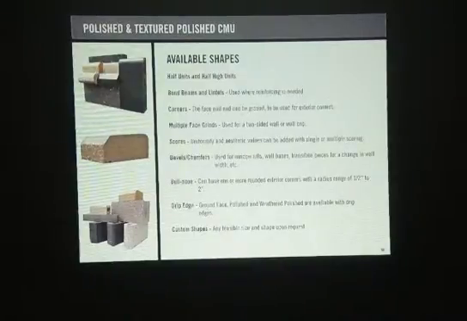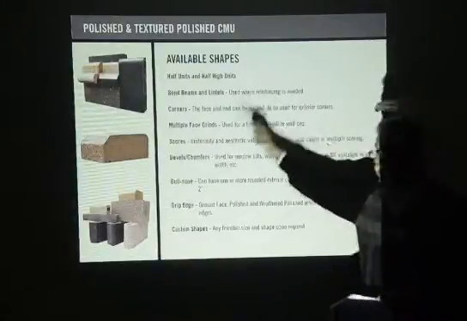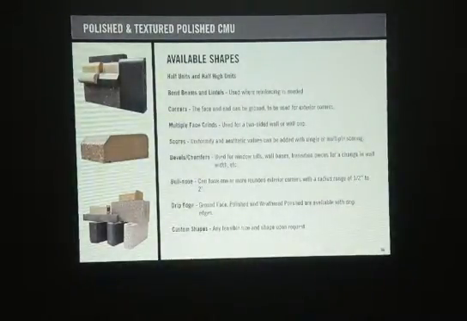They can be produced. And the other thing is, these shapes can be done for polished, and they can be done for textured, like we saw in the last two slides.